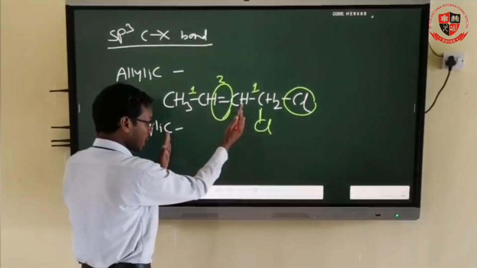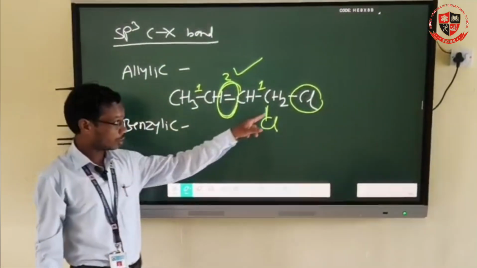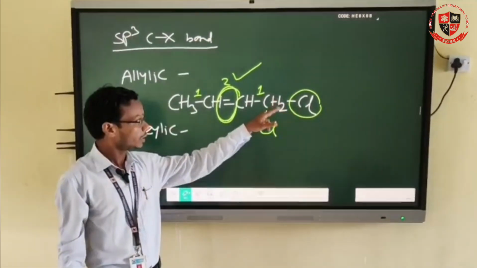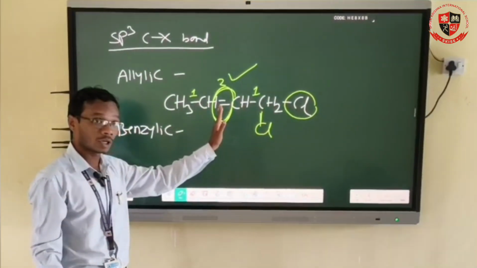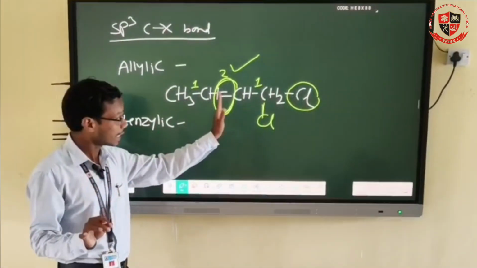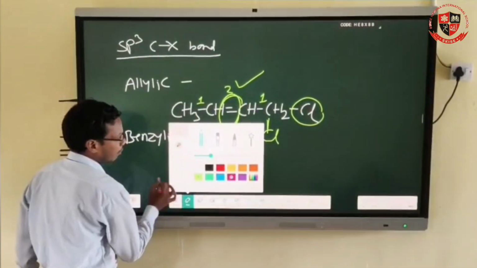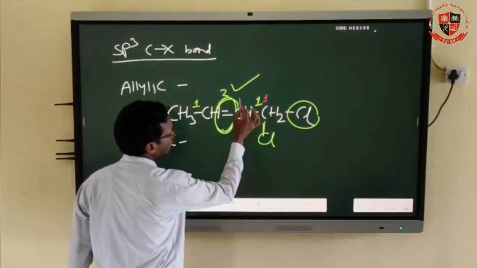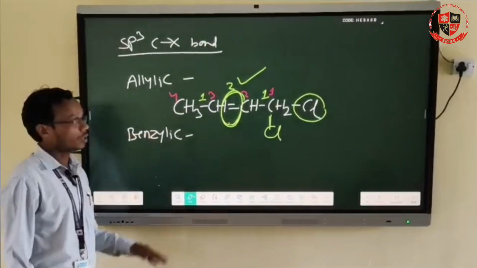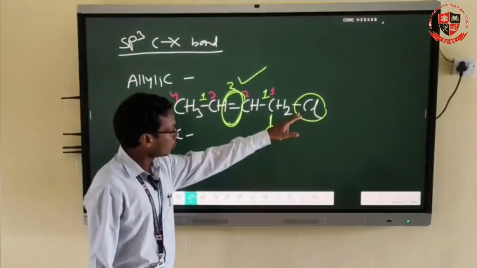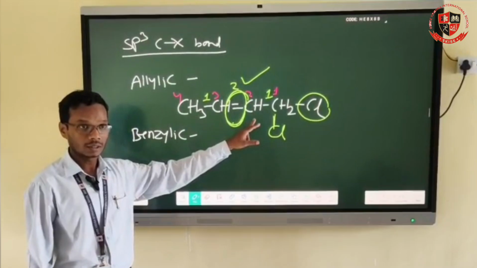If the position from both sides is the same, then we have to consider the other substituent. In this condition we have to consider from the chlorine side because the position of the double bond is the same, and on the right side there is an extra group. So the right one is position 1, 2, 3, 4. So the name will be 1-chlorobutene. Understand?